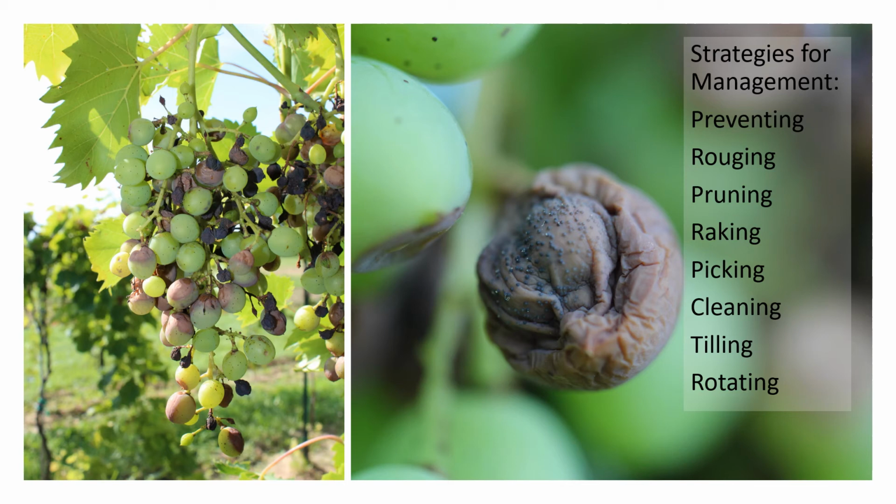Raking, picking fruit that are diseased so that they don't stay in the planting on the plant, cleaning your equipment, cleaning your tools, tilling under. Some disease material needs to be on top of the ground in order to overwinter. So sometimes tilling it in will help break that cycle, help it decompose. And like I said earlier, rotating to non-susceptible crops.